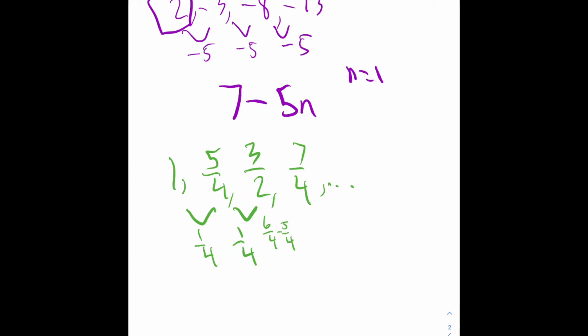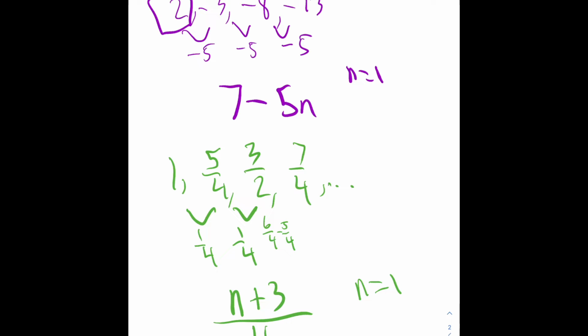So my common difference is 1/4. And because I have to get my first term as 1, I have n plus 3, and then dividing by 4, when n equals 1.